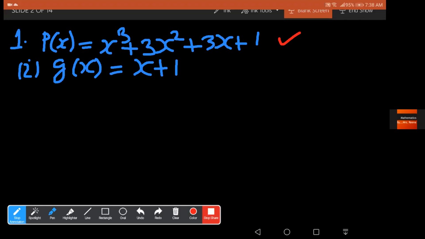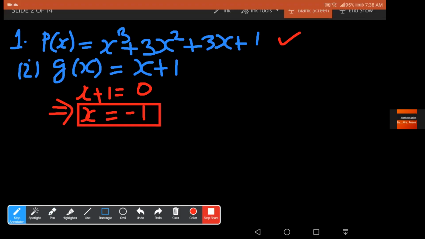Then what we will do? We will put x plus 1 equal to 0 and this implies x equal to minus 1. So हमने x की वैल्यू फाइंड की and we get x equal to minus 1.